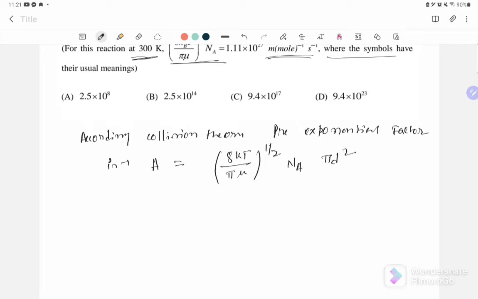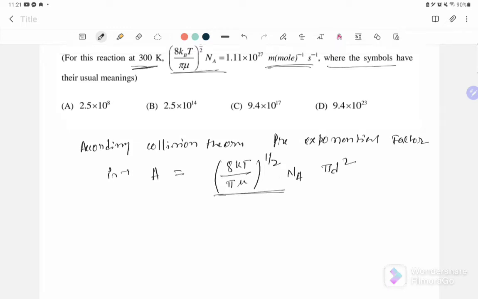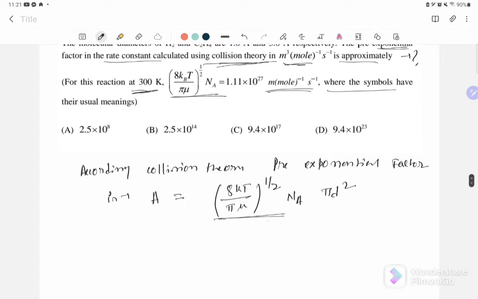The term (8kT by pi mu) to the half is given; you have to calculate the remaining term only.